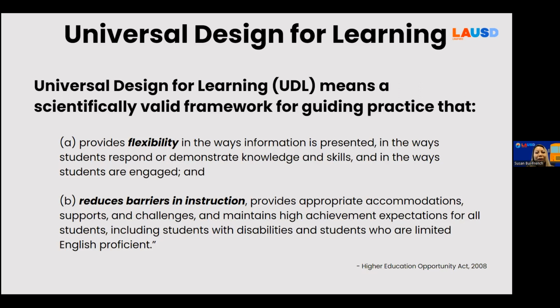It's about finding ways to provide flexibility in the ways we present information to students, the ways that students respond, and the way that students are engaged. UDL is also a practice in which we look at student barriers and how we can break them down so that all students can learn. UDL is about setting clear goals and having flexible means. Please pause this video to read the slide.